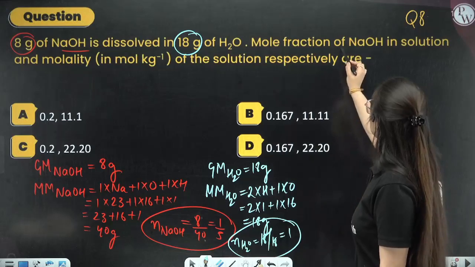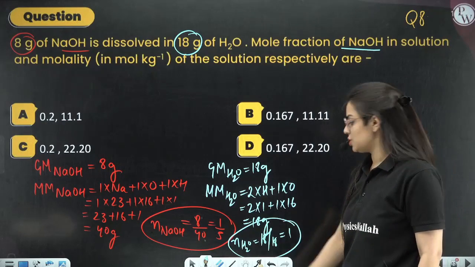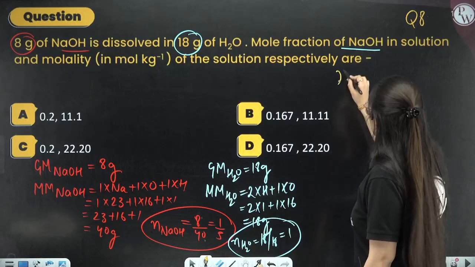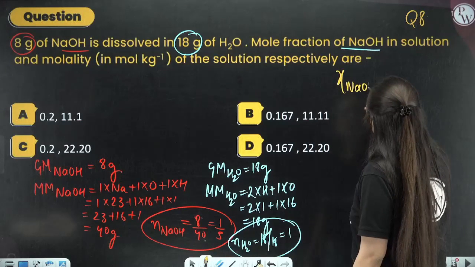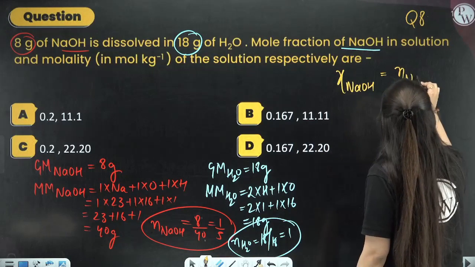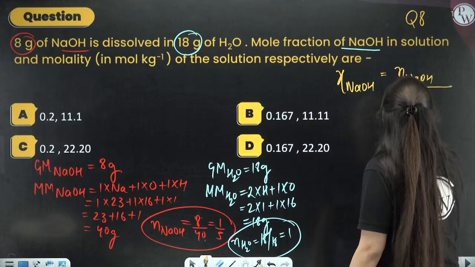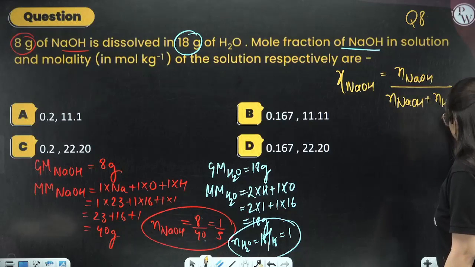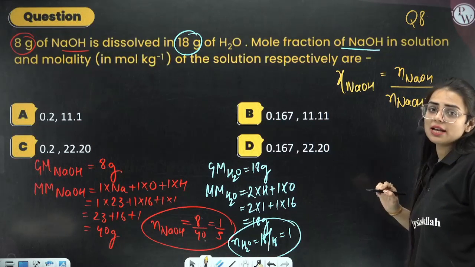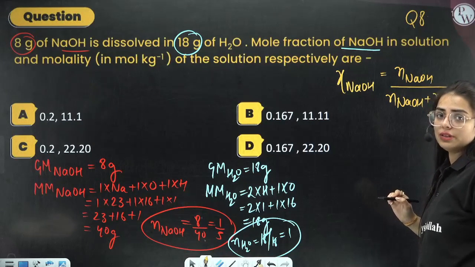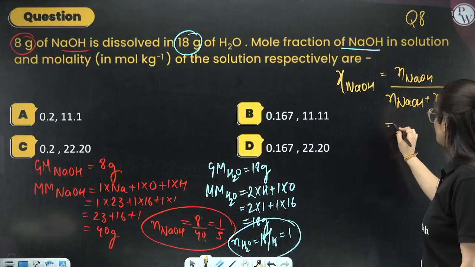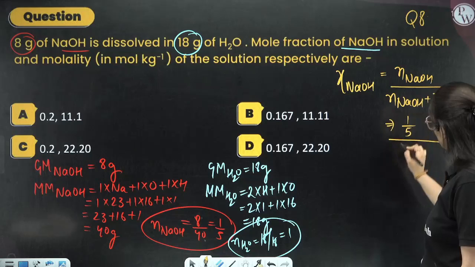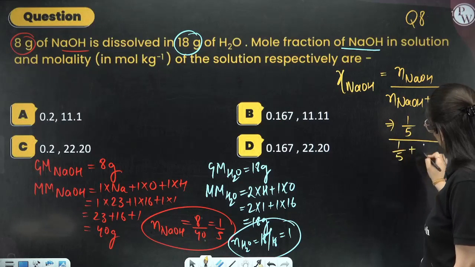Now they are asking you to calculate the mole fraction of NaOH. Mole fraction of NaOH is equivalent to the number of moles of NaOH divided by the total number of moles, that is of NaOH as well as of water. Number of moles of NaOH is 1 by 5, divided by total moles. Number of moles of NaOH again 1 by 5, for water it is 1.